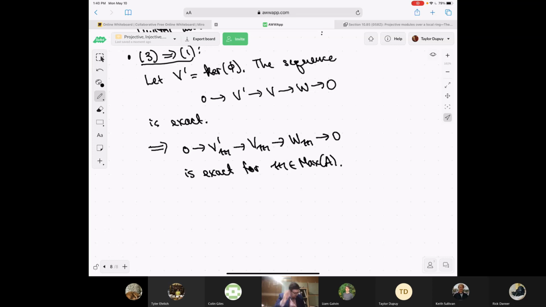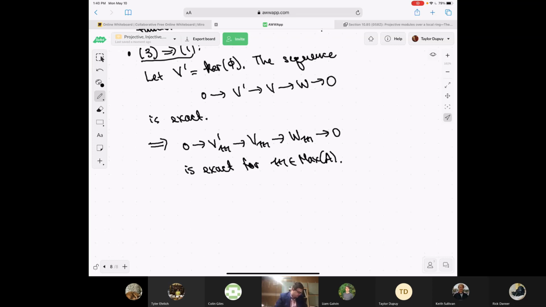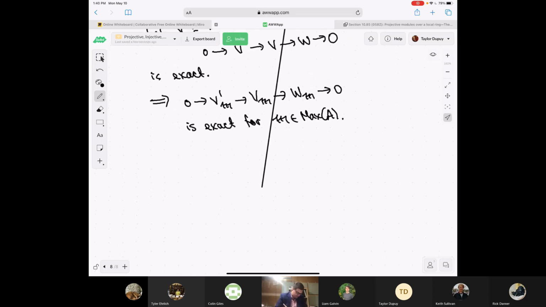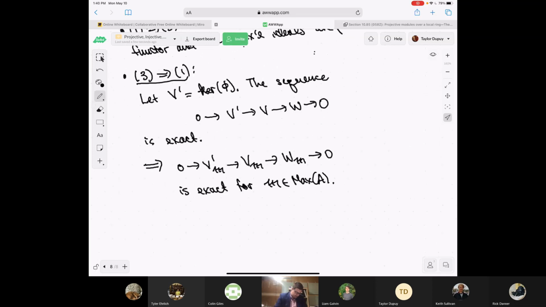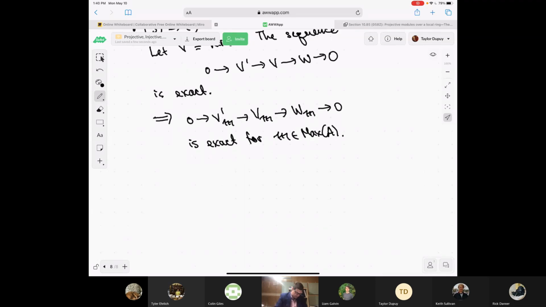Cool. So by hypothesis, V prime_m is equal to 0, since phi_m is injective.